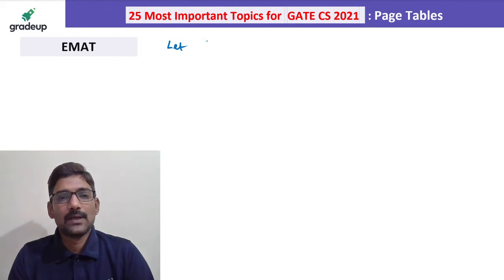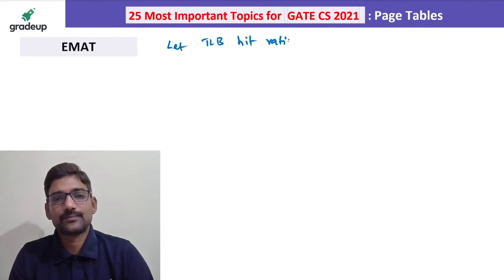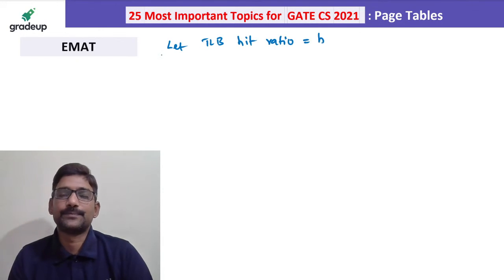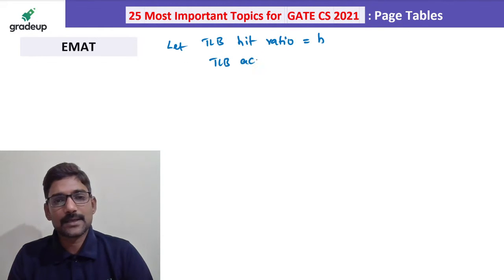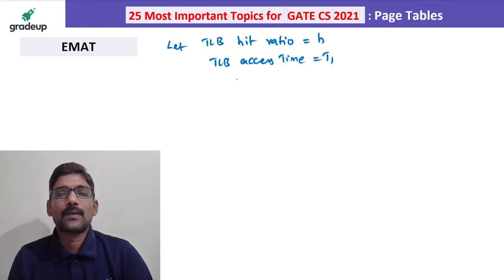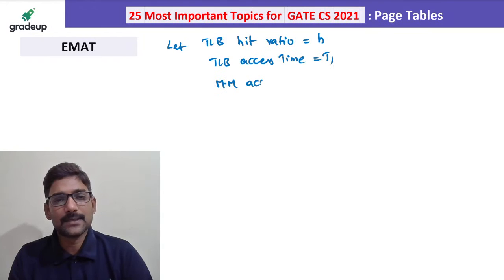Let TLB hit ratio be H. TLB access time is T1. Main memory access time is T2. Then what is the effective memory access time?